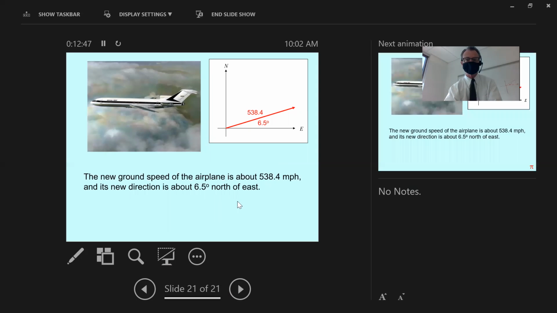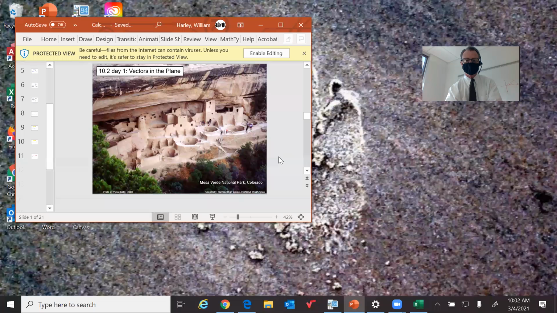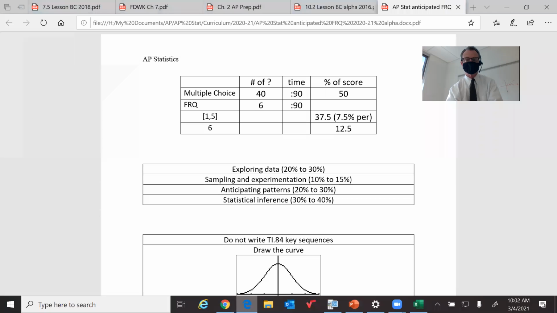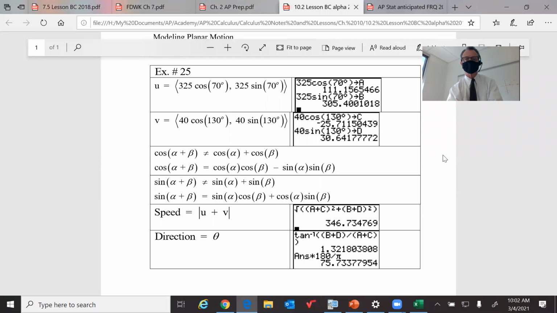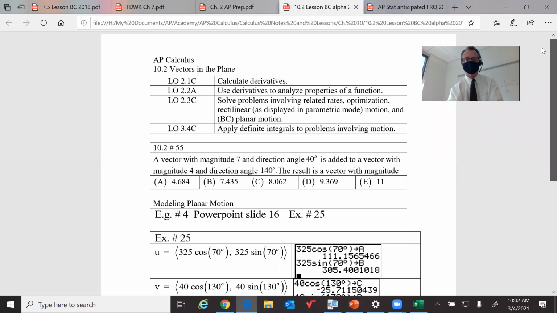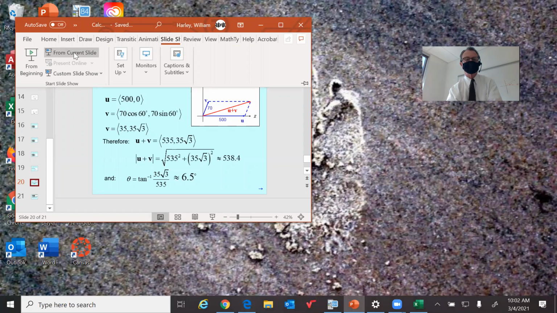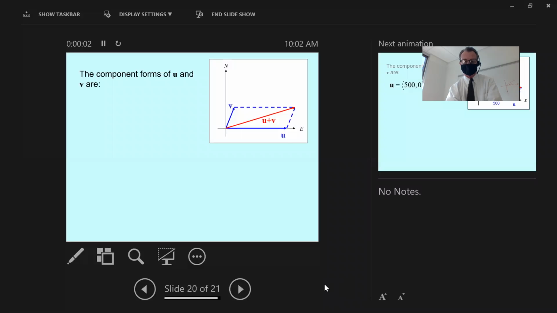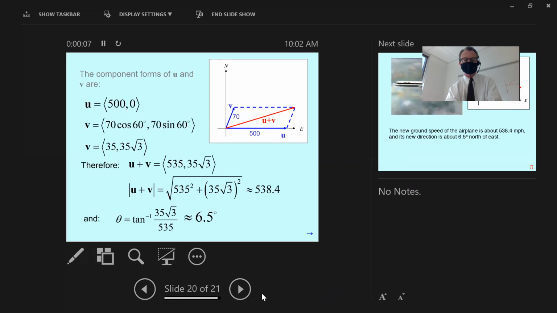So I'll back this up, and say for you to go to problem 25. Okay, so that slide's up there. And you're going to problem 25.